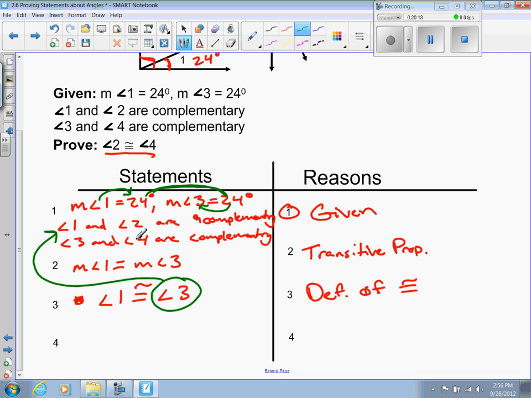What do we know about angle 2 and 4? 3 is a complement to both of them. So we can say angle 2 is congruent to angle 4 by the congruent complements theorem.